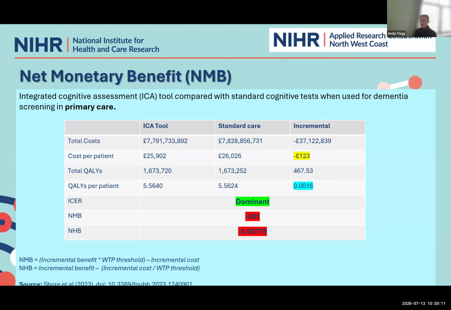So in theory, that suggests that the ISA identifies that the new tool dominates the standard care. However, when you calculate the net monetary benefit or the net health benefit, which is just a slight change, that's the incremental benefit minus the incremental cost times the threshold, both of them are negative, which indicates that it's not a good use of money.